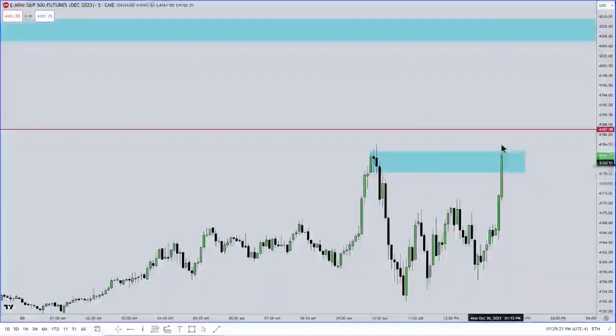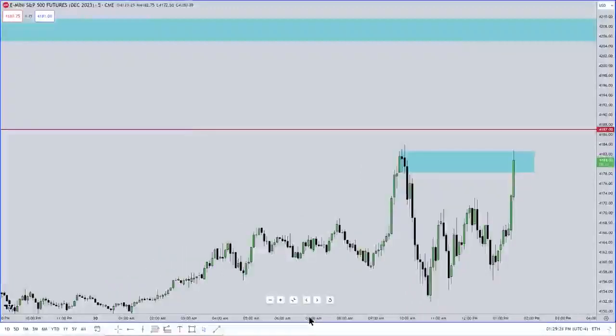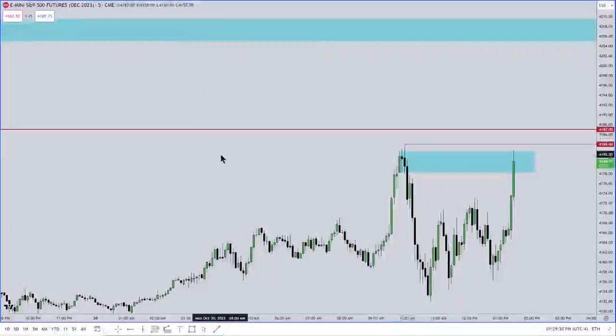See how fast we rolled up into it there? That stuff can happen at an instant, just like that. So there is liquidity resting right above that 10 o'clock high. You want to measure how fast it wants to reprice above that, if at all, okay?